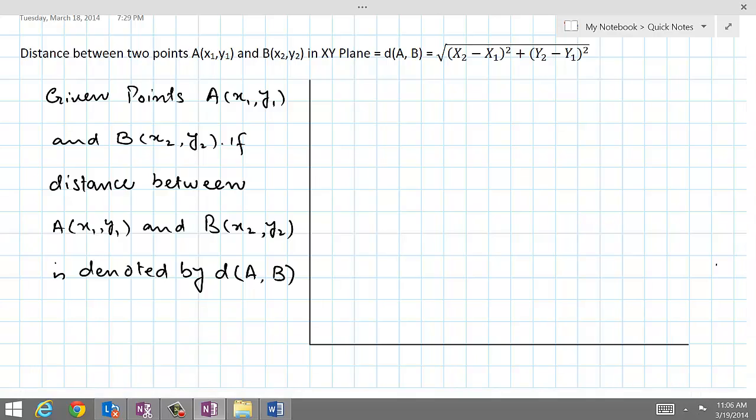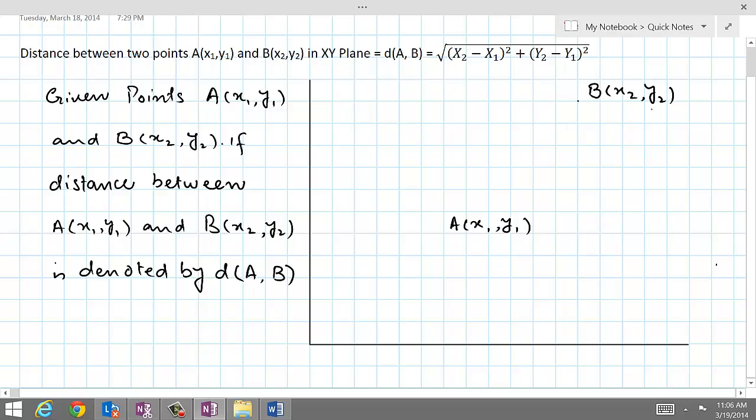So let's get started and assume that the point A is arbitrarily given somewhere and name it as A, and coordinates are already given x1, y1, and the other point B is given here and its coordinates are x2 and y2.